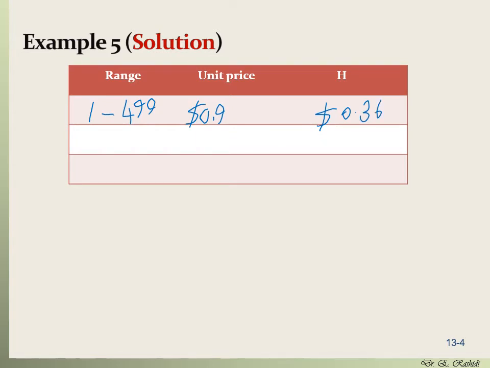The next range is if they purchase between 500 and 999, they're going to get a discount of 5 cents, so the price would be 85 cents. And the carrying cost would be 40% of 85 cents, which is 34 cents.